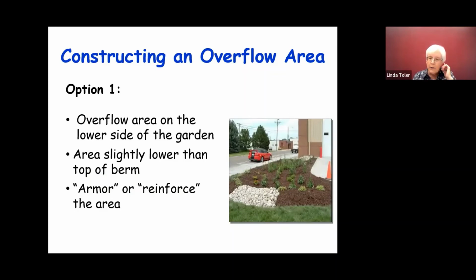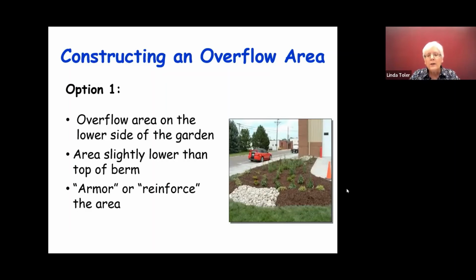And then cover that area with something like larger pieces of gravel or rocks, so that as the rain garden fills up, the water is going to flow over this area and out into the surrounding yard.